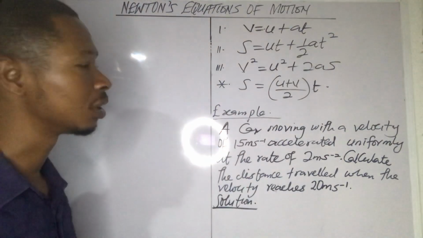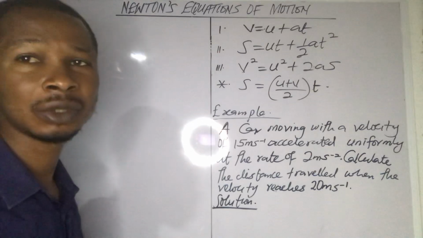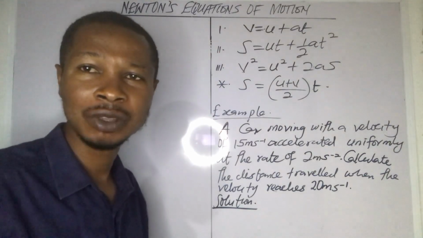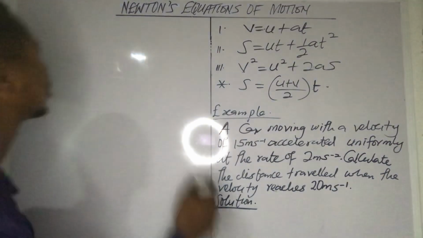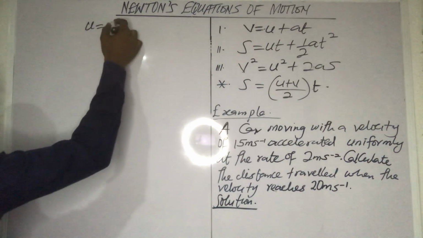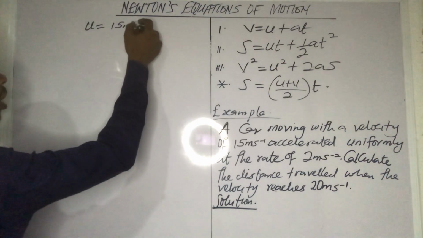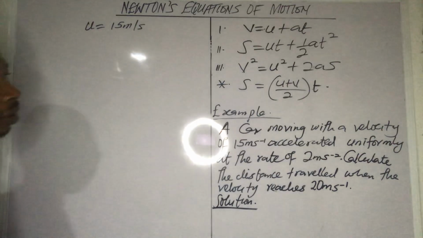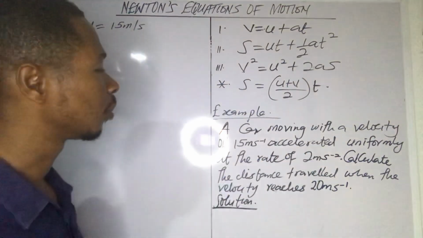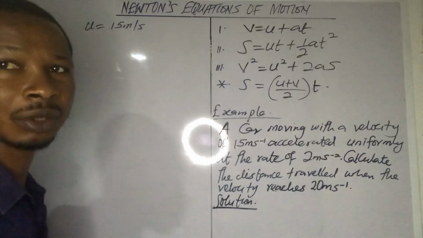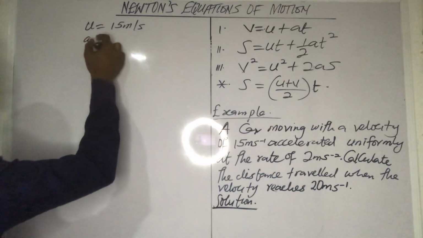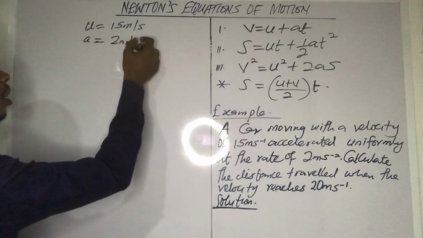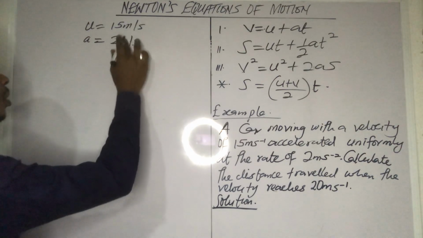A car traveling with a velocity of 15 meters per second, that's initial velocity. Then our initial velocity U is 15 meters per second. Accelerate uniformly at the rate of 2 meters per second squared.